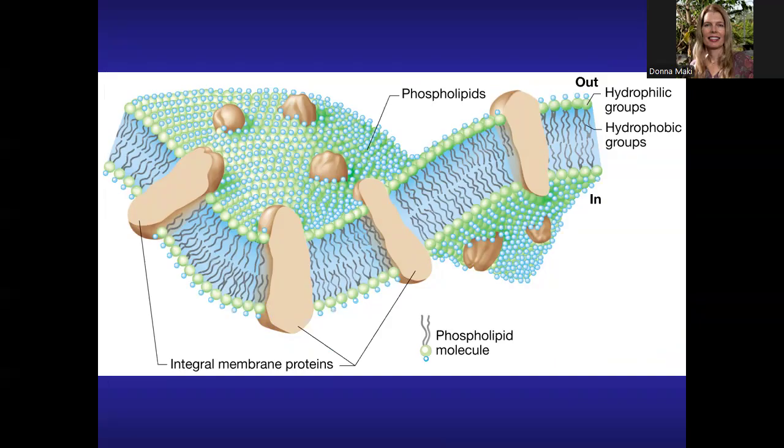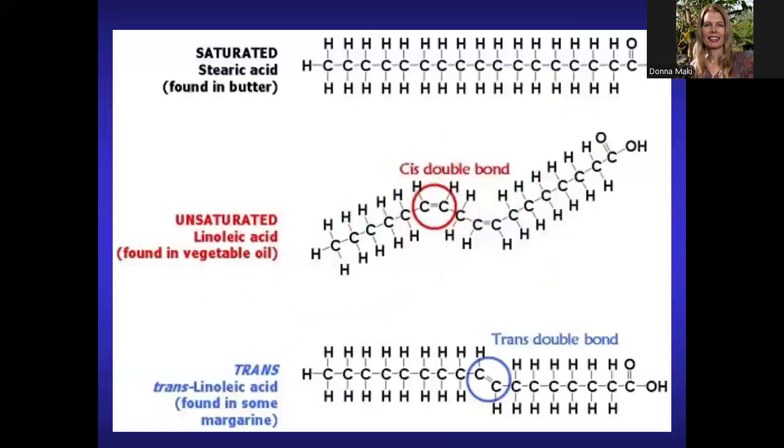And when you look at the fatty acid tails, they can be saturated, mono unsaturated, or poly unsaturated, depending on if there are double bonds. If there are no double bonds, we say it's saturated, and you just have single bonds between the carbons. This one is more than mono, it's poly, because it's more than just one double bond.